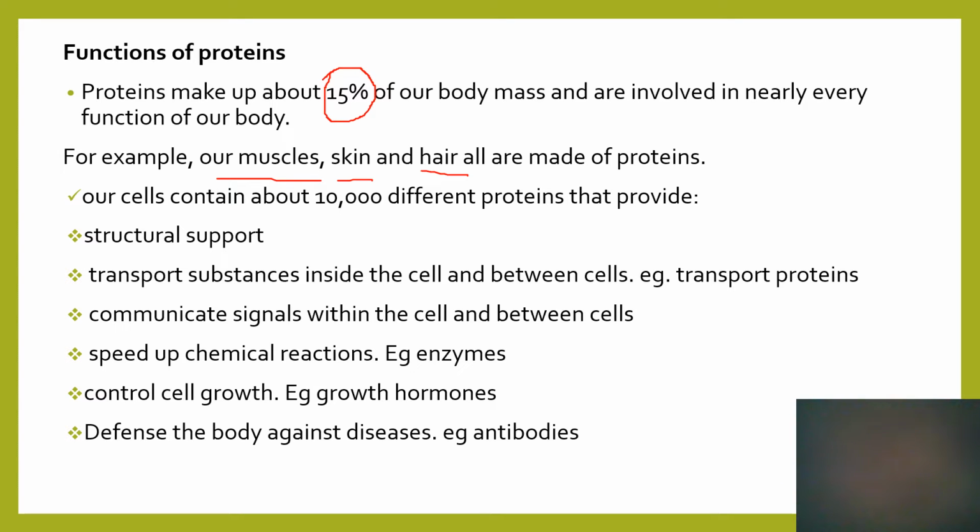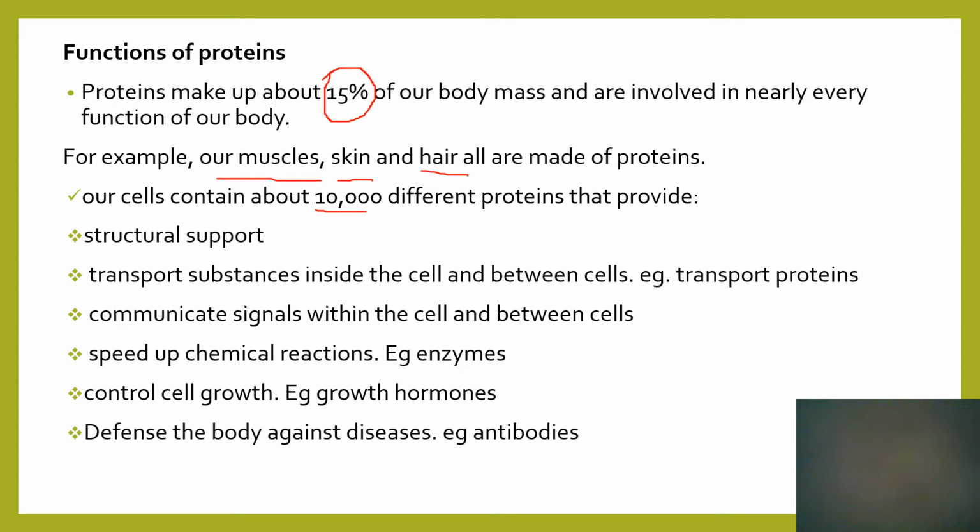Around 10,000 different protein types are found in our cells, and they are functional in structural support. For example, the cytoskeleton, which is a protein network, provides the shape and size of cells.